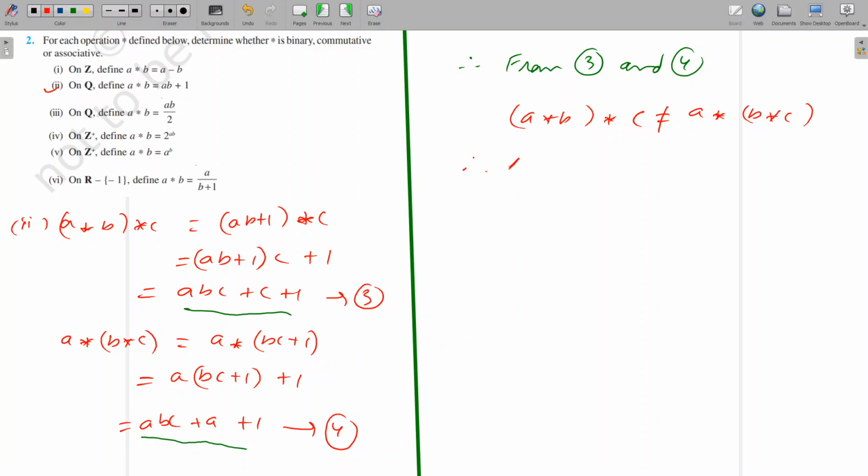Therefore, we can say that star is not associative. So this is how we have done this one, second part.